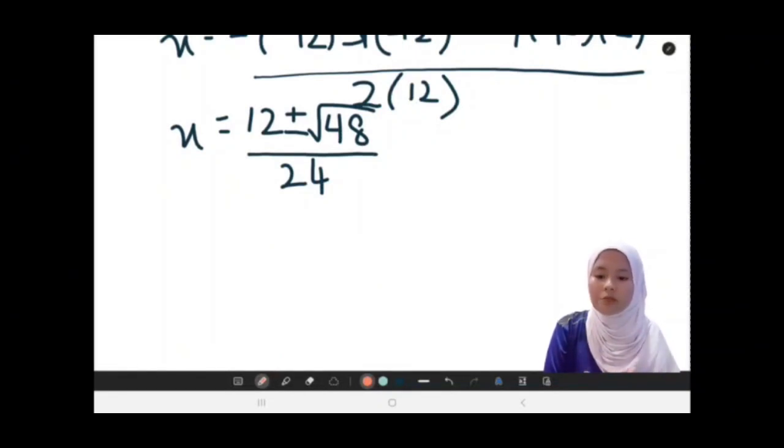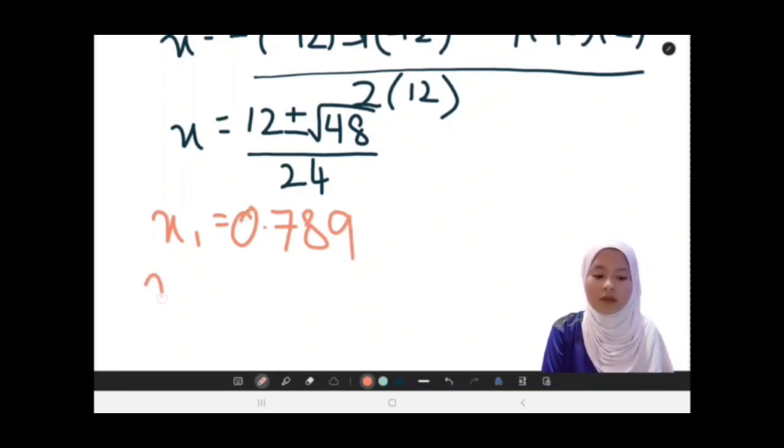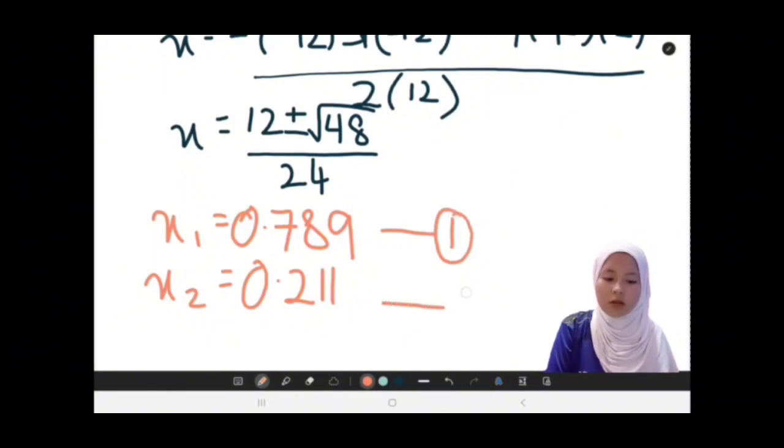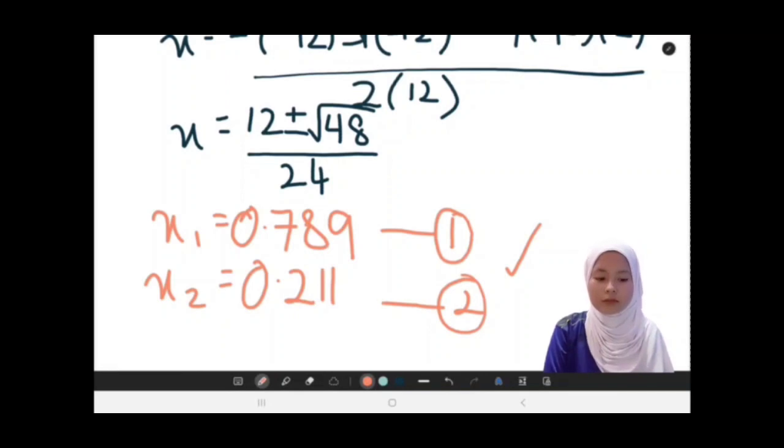So after we simplify the radical, we will get 2x, which is x number 1, we will get 0.789. Meanwhile, x2, we will get 0.211. Okay, so this is x1 and this is x2. So this is the answer.